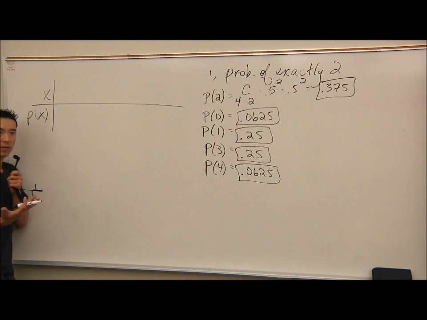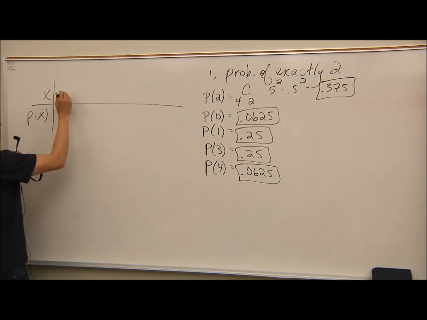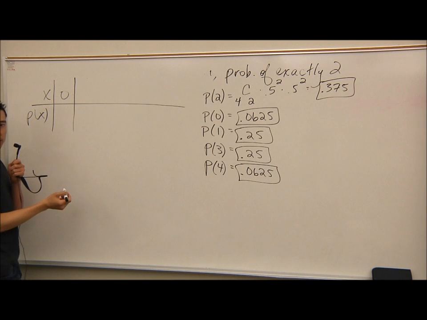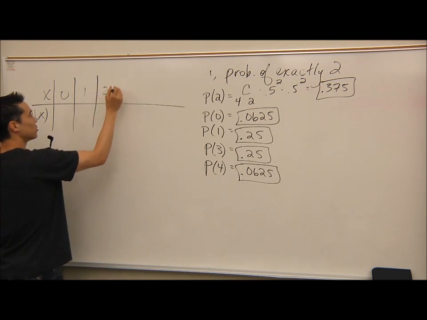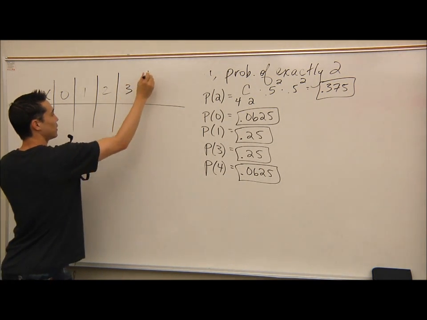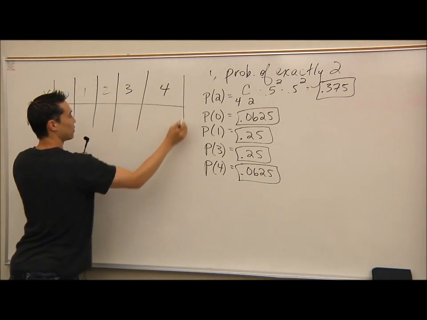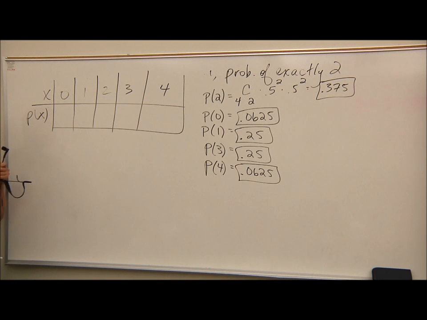So what is my lowest possible number of girls? 0. What's the highest possible number of girls? 4. So we're going to have 0, the probability of having 0 girls, 1, probability of having 1, 2, 3, and 4. And we have the probabilities right here, right?